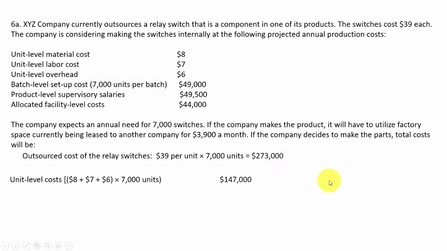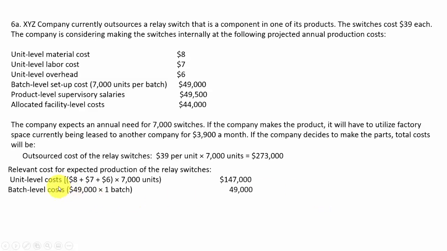Okay. Also, if we make these switches, in addition to these material, labor, and overhead differences, we're also going to have batch level cost. We're going to have a startup cost to making these things. It'll add another $49,000 to this.